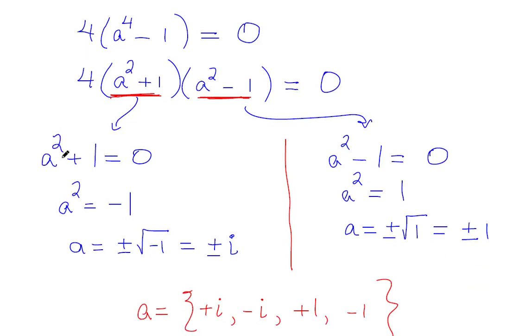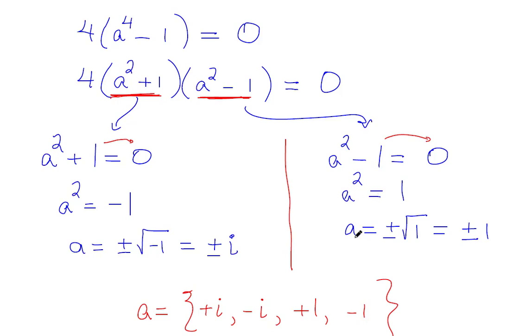Let's see, a squared plus 1 is 0. I'm going to move the 1. A squared is minus 1. And so by the square root property, I get plus or minus the square root of minus 1, which is plus or minus i. From the second piece, a squared minus 1 is 0. Well, I'm going to move the 1 again. This time it's positive.